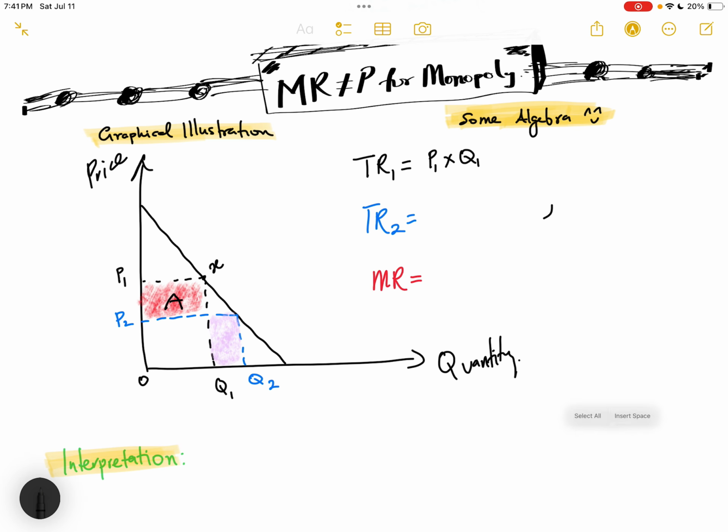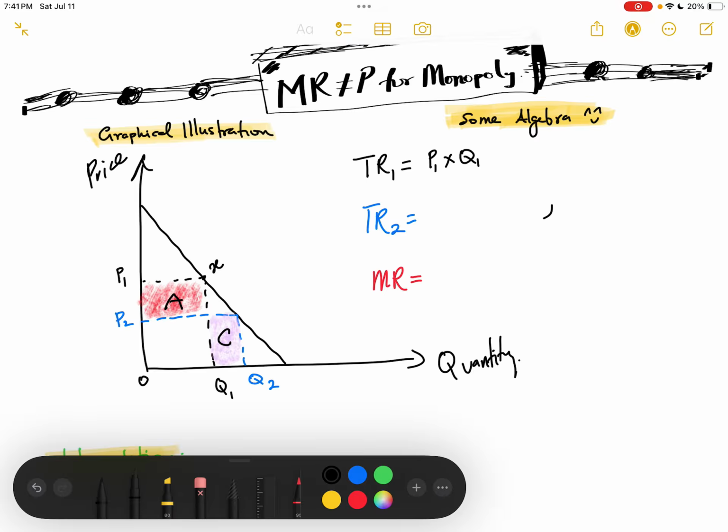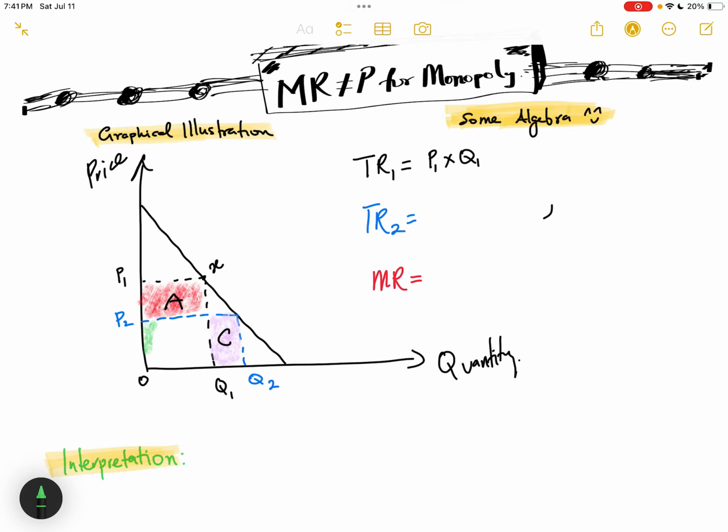You'll see shortly why I am naming them that. Great. Now what about this other area? I believe I shaded it green somewhere. So let's keep that consistent. Let's name that area B.